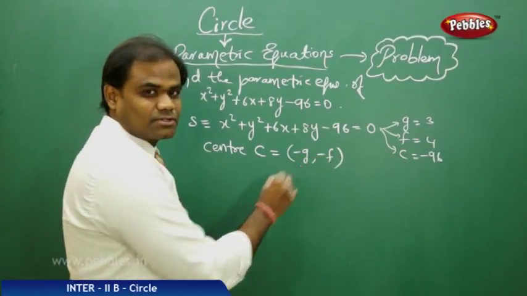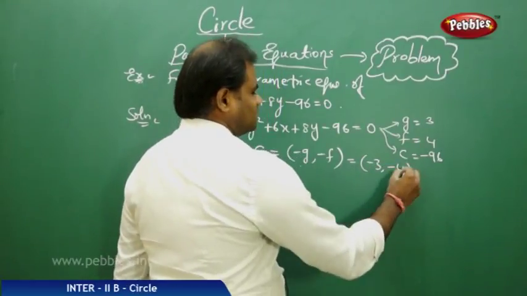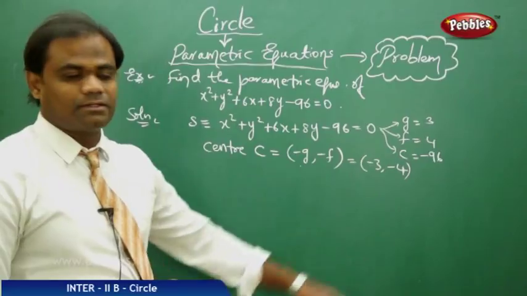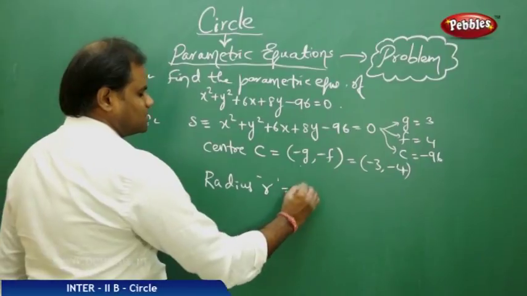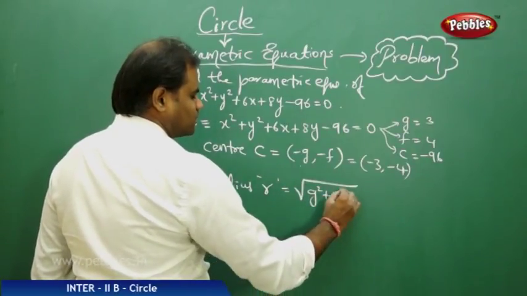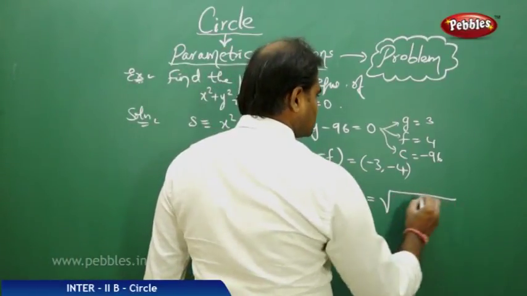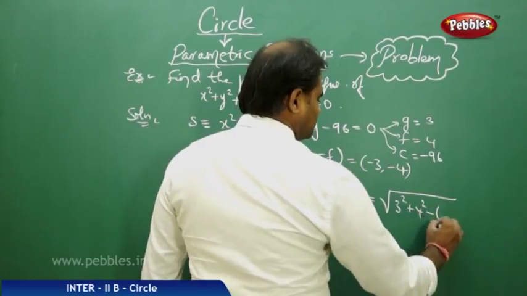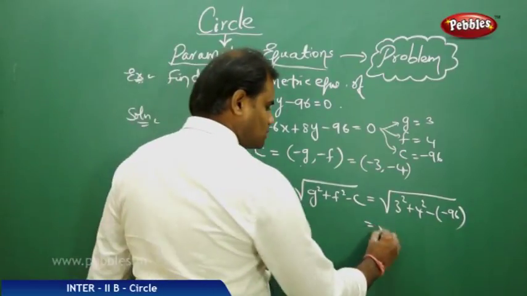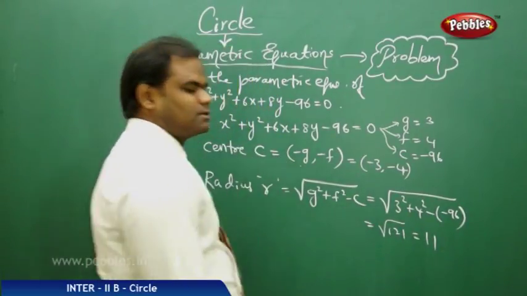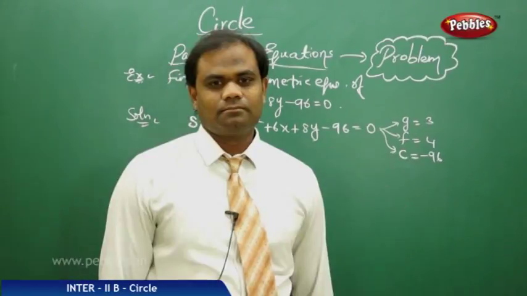Therefore, the center being (minus g, minus f) gives me (minus 3, minus 4), and my radius r is given by the root of g squared plus f squared minus c. This gives me root 121, which is 11. This is how we obtain the center and radius.